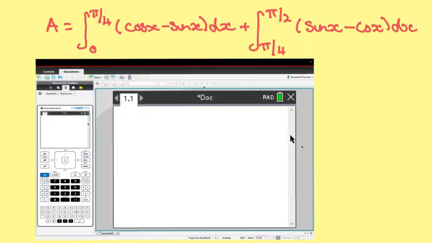I've opened my TI Nspire at a calculator page, so now I'm going to type in my integral.